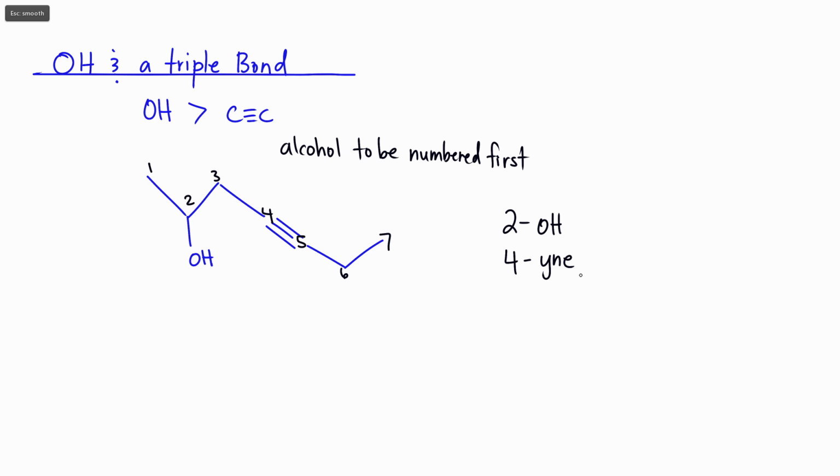Okay. And we have what? 7 carbons total. So we can say hept.